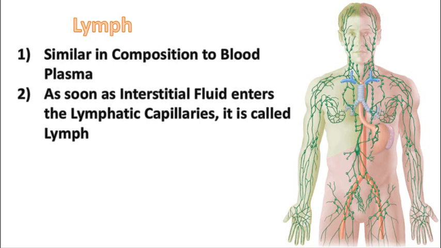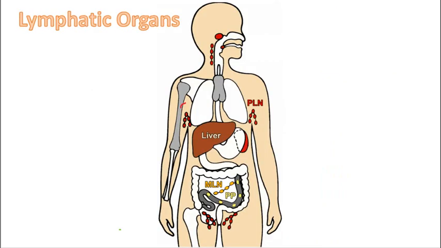As soon as that fluid enters the lymphatic capillaries, we now call it lymph. And that lymph will go to the collecting ducts and eventually to the large thoracic and right lymphatic ducts and empty back into the circulation. So it's kind of like recirculating or returning the fluid back into the blood.